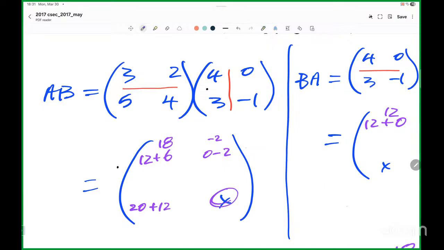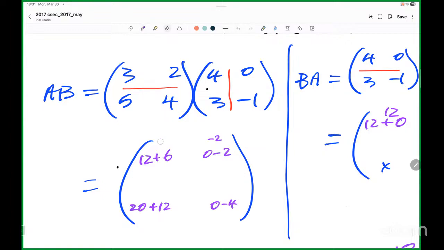The last value is positioned in the second row and the second column. So to get it, multiply this second row by this second column, same thing again: first element times first element, second element times second element. 5 times 0 is 0, and 4 times negative 1 is negative 4.